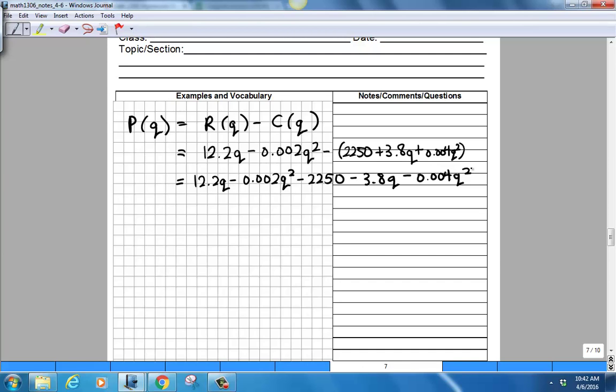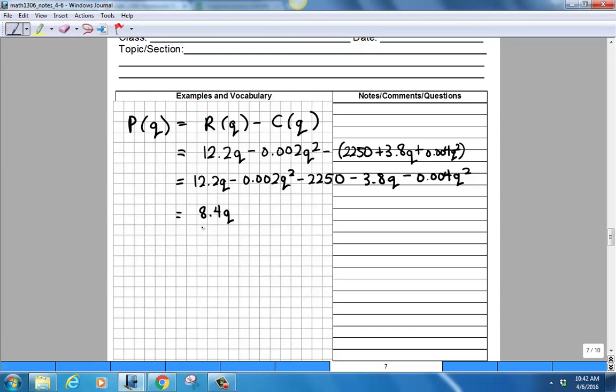And now we do have some like terms that we can add together here. You've got a 12.2 minus a Q minus a 3.8 Q, right? So that is something like 8.4 Q. Y'all agree with that? 12.2 minus 3.8, is that 8.4 Q?